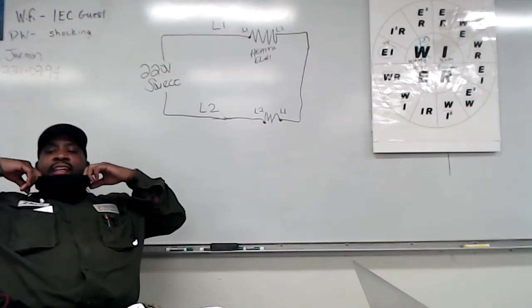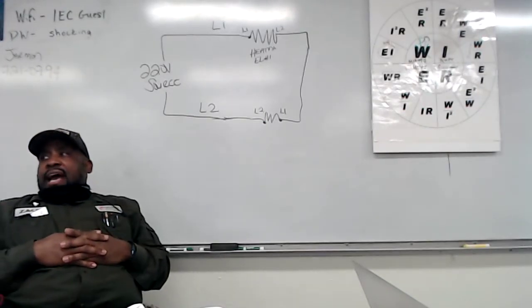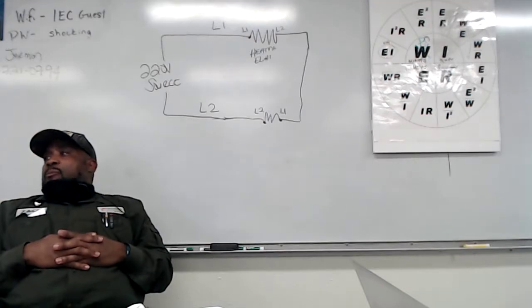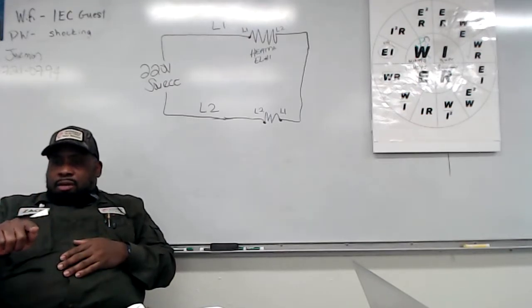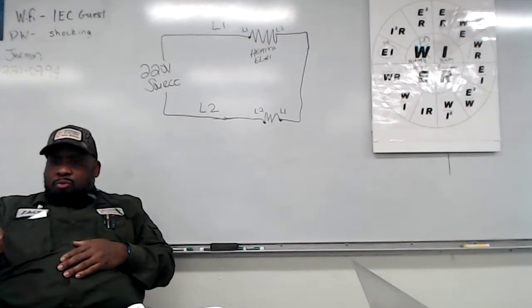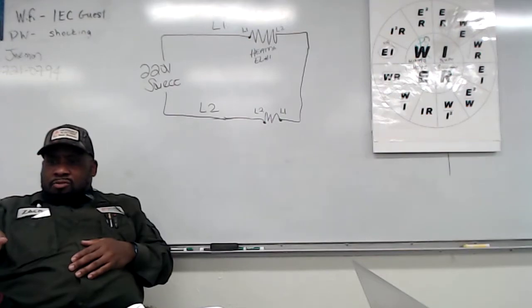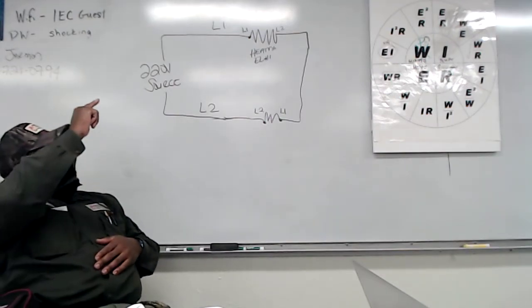Looking at number 29. Is that not what they got? I just drew a schematic of that problem. Is that not what they got? Trace it out with your hand. Okay, it goes from one side 220 volt to L1. Yep, that's right. And it goes from L1 to L2. Yep, that's right. And it leaves L2 and goes to L1. Yep, that's right.